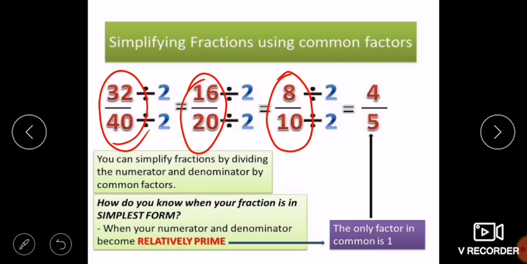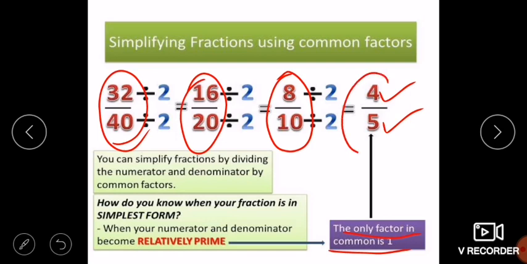Again you can see that 2 is a common factor between 8 and 10. So again it will be divided by 2. So what will you get? 4 by 5. Now among 4 and 5 the only common factor is 1.